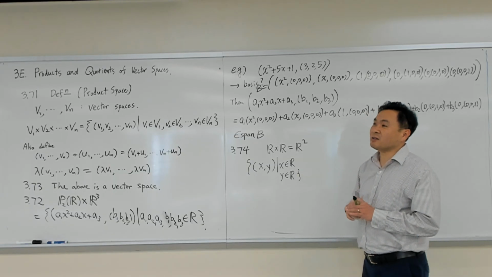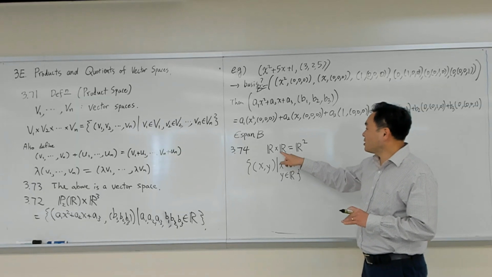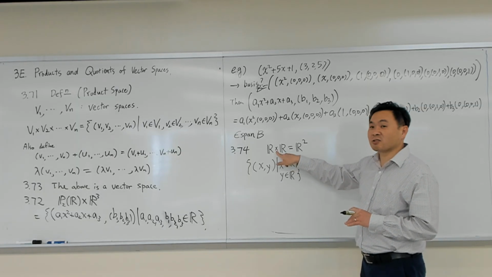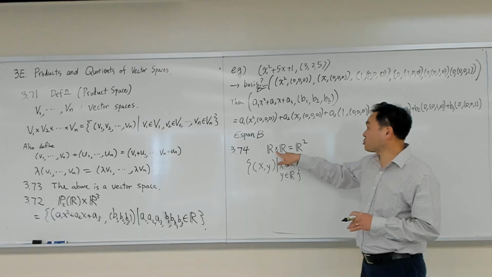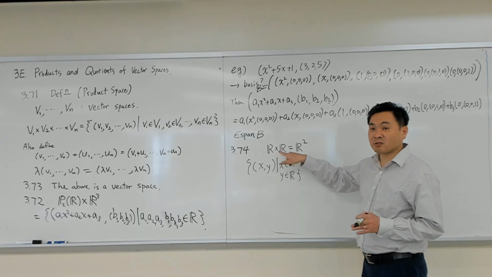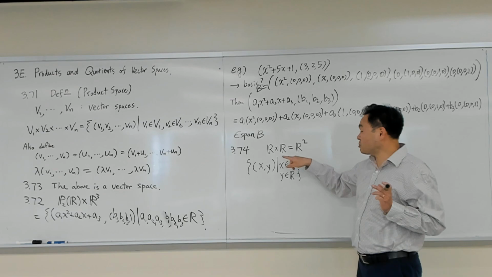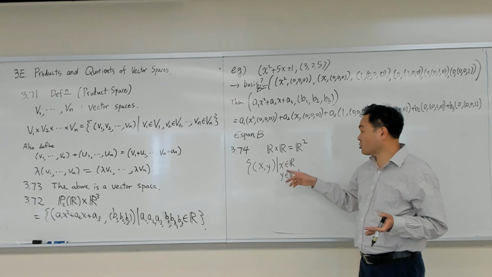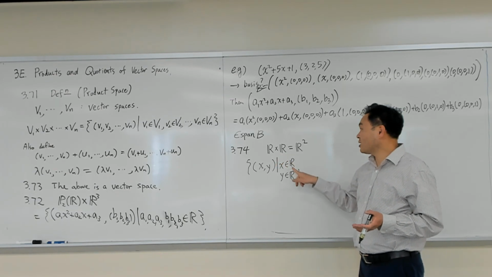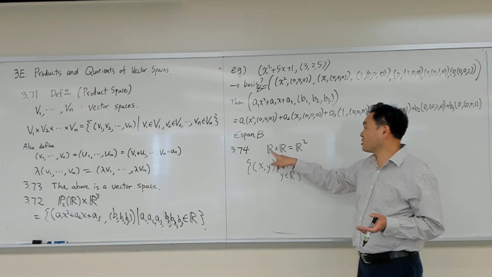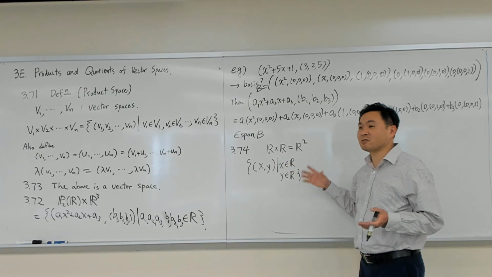Now, we have to be a little careful. There are two different meanings of the cross. One is the product set, and the other is the product space. Product set would be thinking of R and R individually as sets, and product space would be thinking of these two as vector spaces.